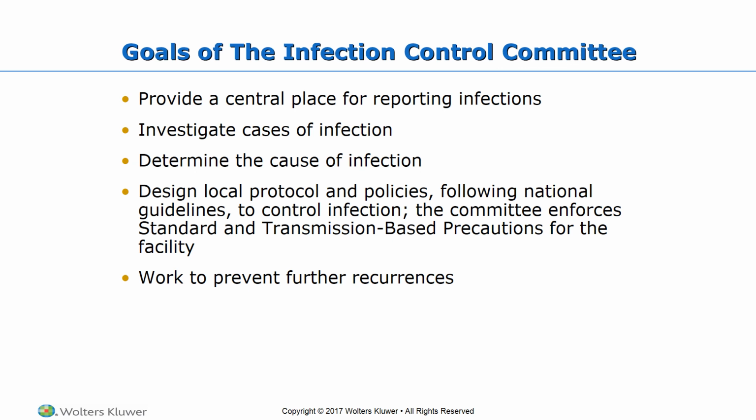And the last bit is work to prevent further recurrences. So we found that one area was getting a lot of urinary tract infections, and we discovered that it was Nurse Jones that wasn't using proper technique inserting Foley catheters.